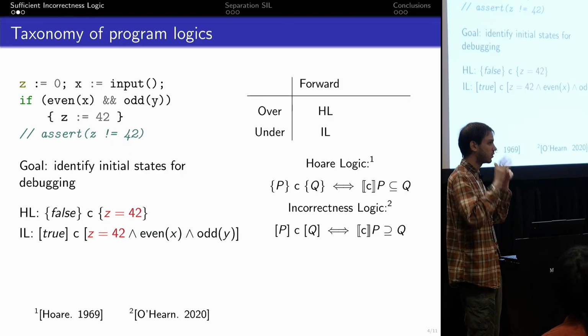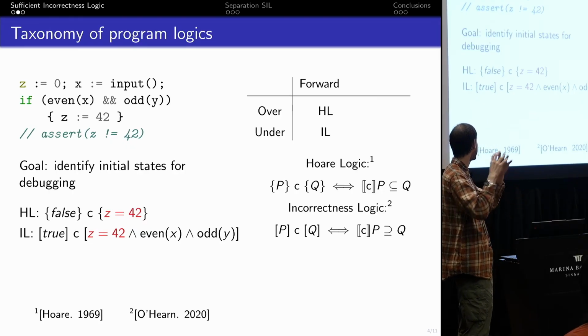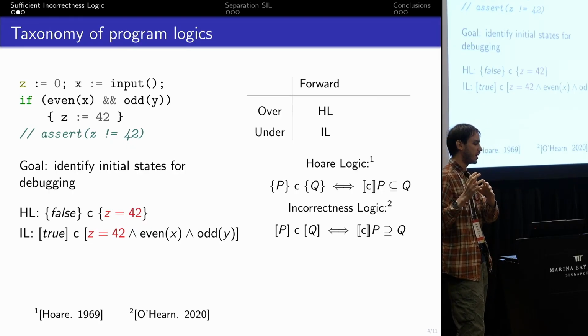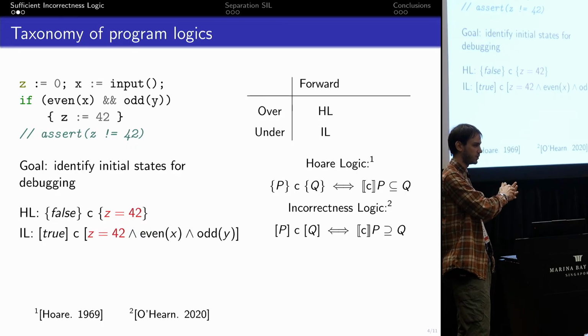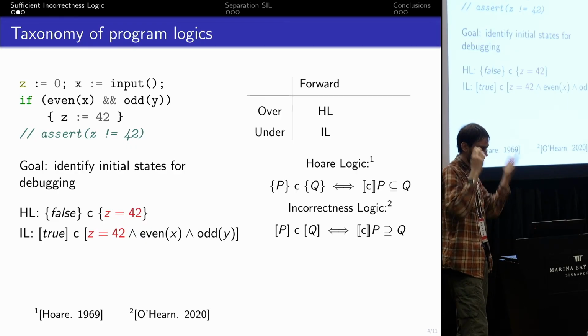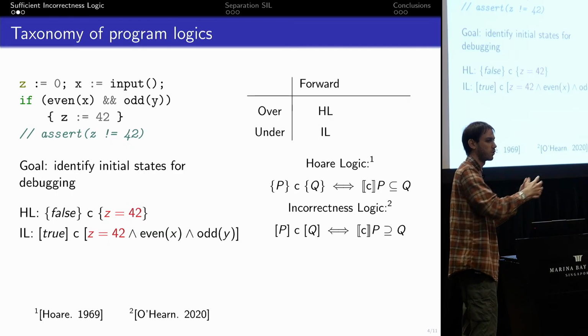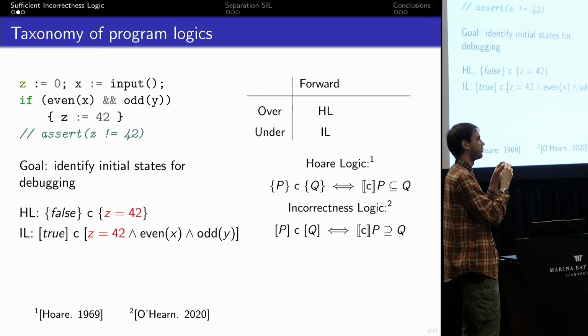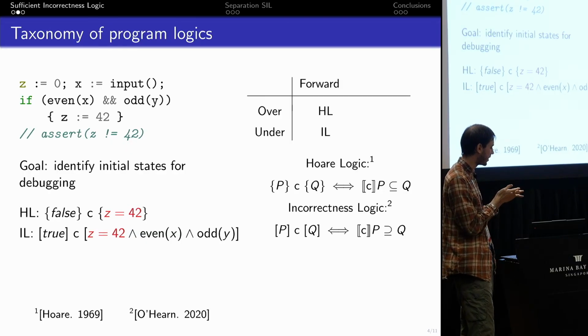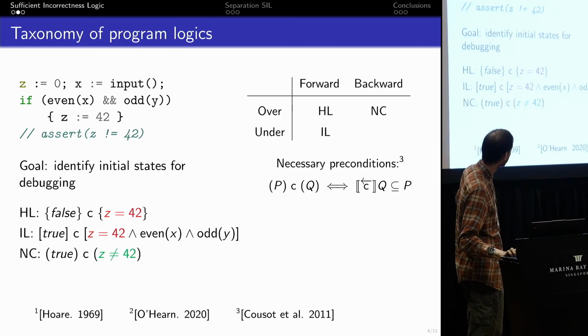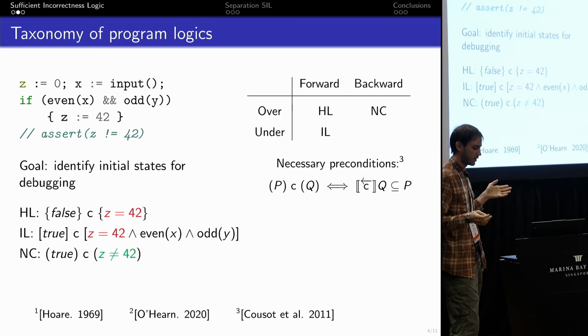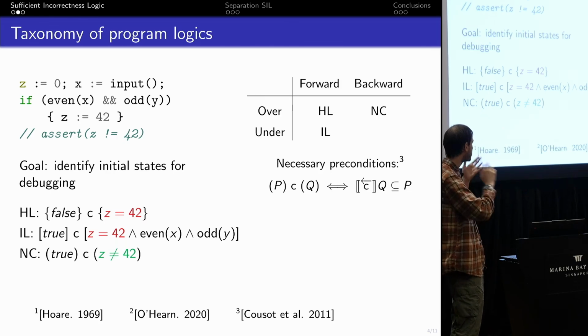Since our goal was starting from the error, so this z equal 42 in the post-condition, and finding the corresponding precondition, we thought, maybe the issue is that both OR logic and incorrectness logic are based on the forward semantics. They follow the program forward where we want to go in a backward direction. So we considered a backward program logic in the literature, necessary preconditions.